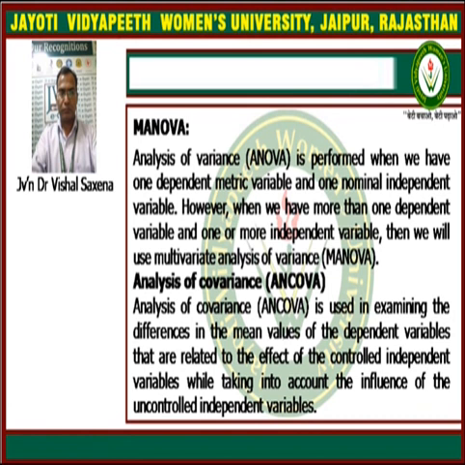It can be applied in examining the differences in the mean values of the dependent variables related to the effect of the controlled independent variables, while taking into account the influence of the uncontrolled independent variables.